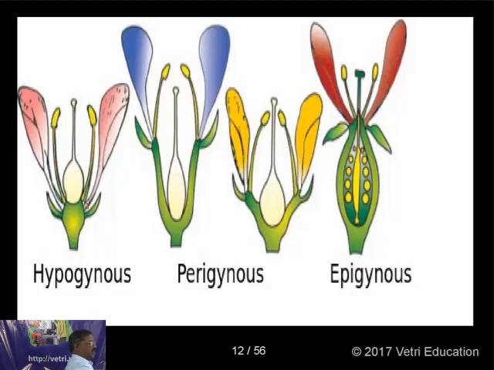This is one type, and this is another type, both are perigynous types. This is just like a cup, but of almost equal size. But here the gynoecium is completely inside and the floral parts are above the gynoecium. This is the epigynous condition, where the position of the gynoecium is inferior.